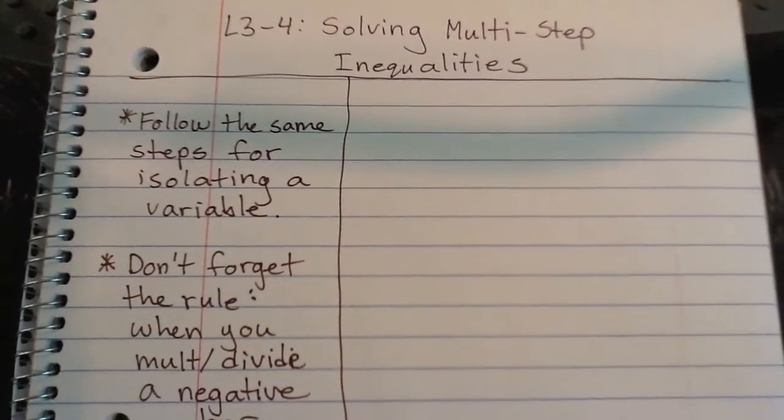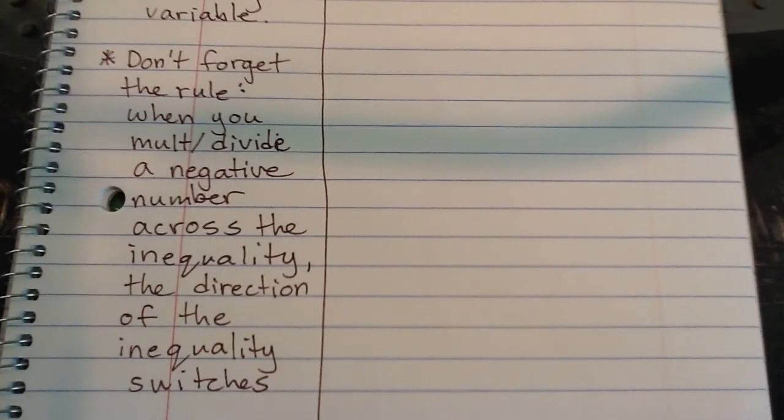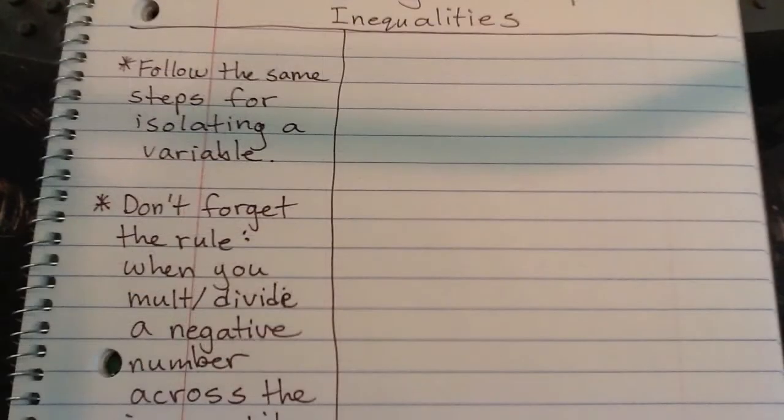So that when you multiply or divide a negative number across the inequality, then that direction of that inequality needs to switch around. And that's the rule you learned yesterday. So hit pause, finish writing that, and once you're ready, play.